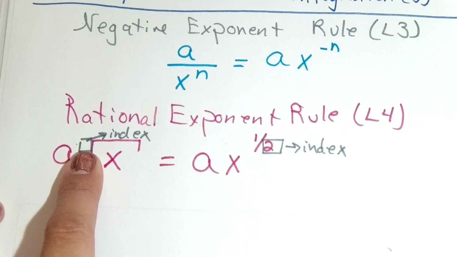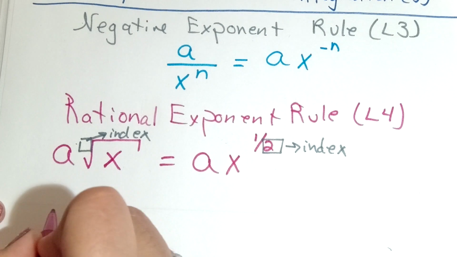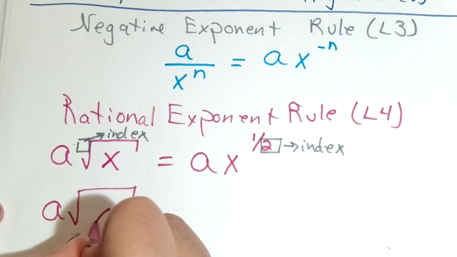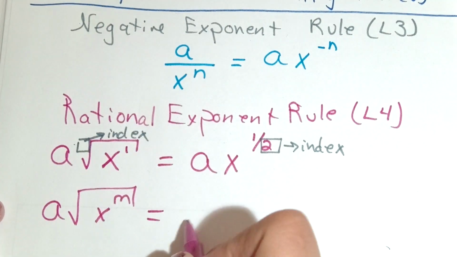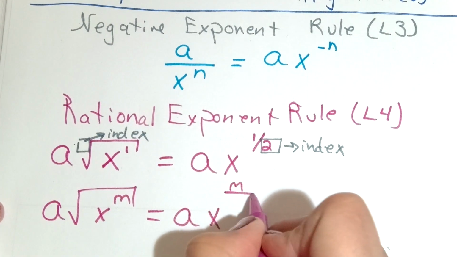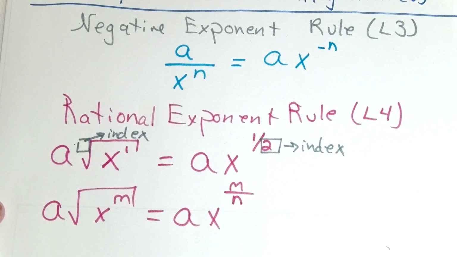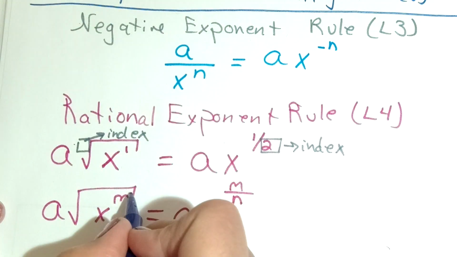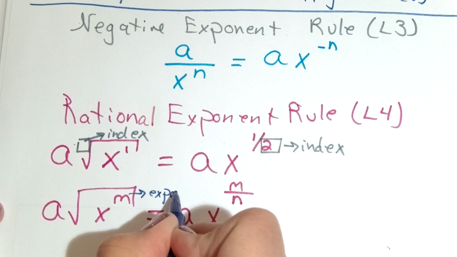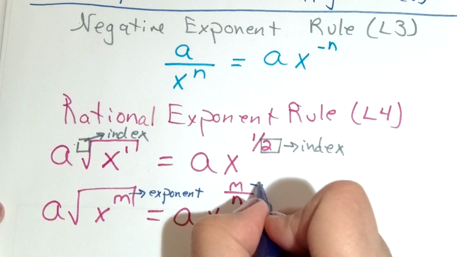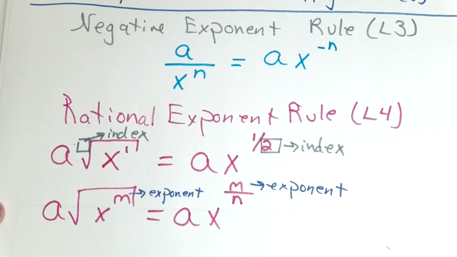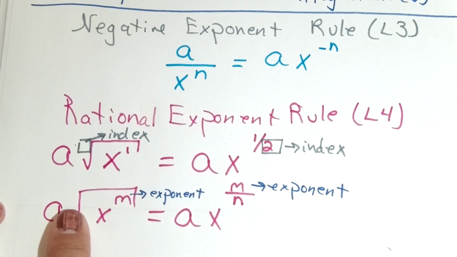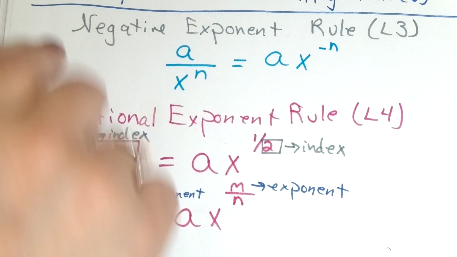Here there is an understood index of 2 for square root. But if we have another number as an exponent, instead of a 1, the numerator will be m. So if it's 3, it'll be 3. This is the exponent. Exponent is always in the numerator. Some of you, when we were doing this at the end of the year, still put the exponent in the denominator. Outside goes in the denominator. Inside goes in the numerator.